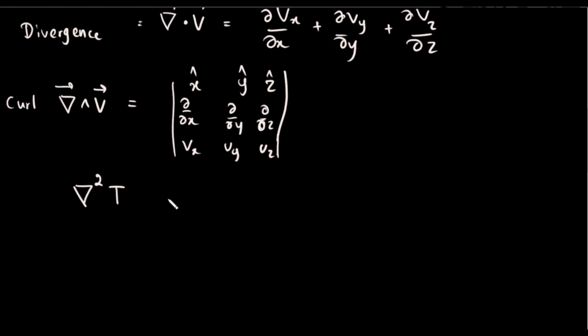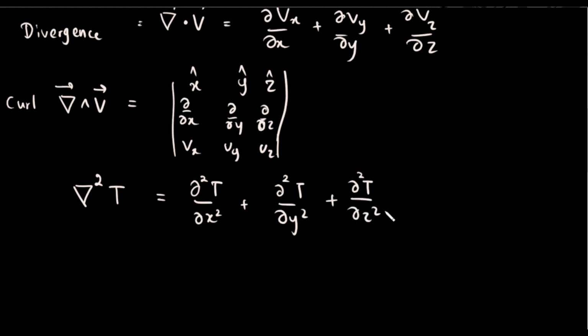So this is going to be a scalar. We write that as ∂²T/∂x² plus ∂²T/∂y² plus ∂²T/∂z². So this is just the Laplacian using the Cartesian coordinate system.